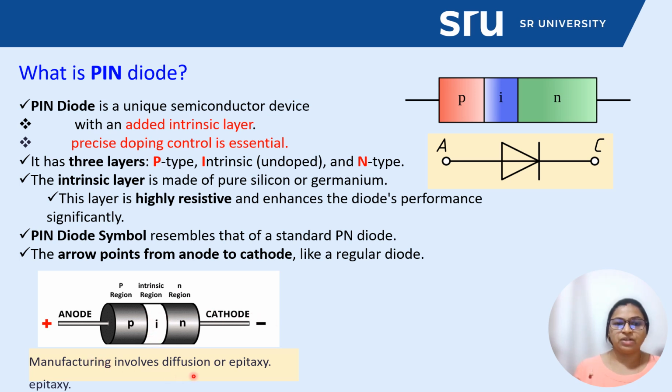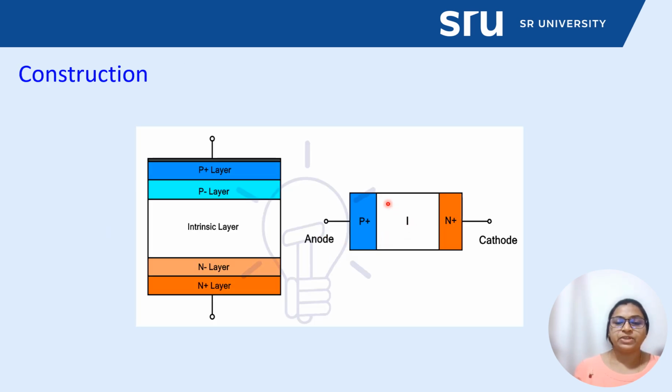This manufacture involves mainly diffusion and epitaxy methods. So let's discuss how we can construct the PIN diode. We know very well that this is made of three different layers: P, N, and an undoped or intrinsic layer.